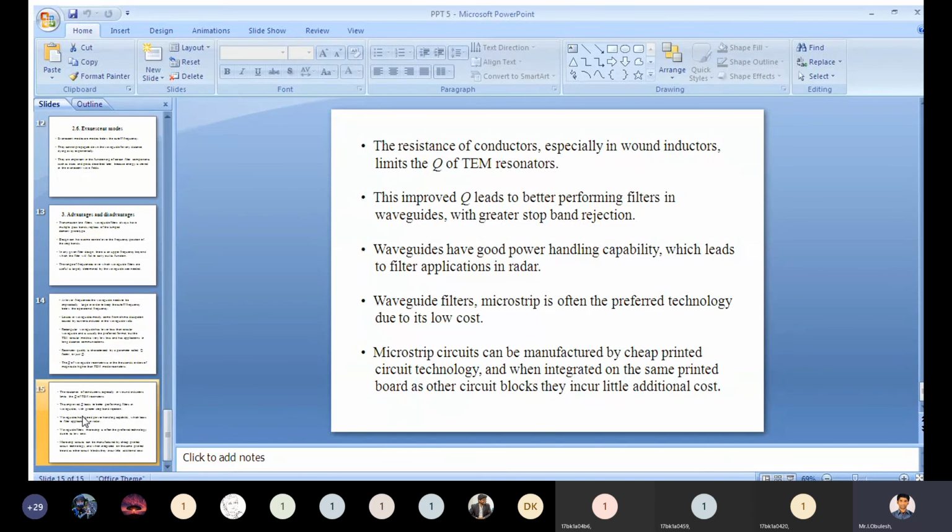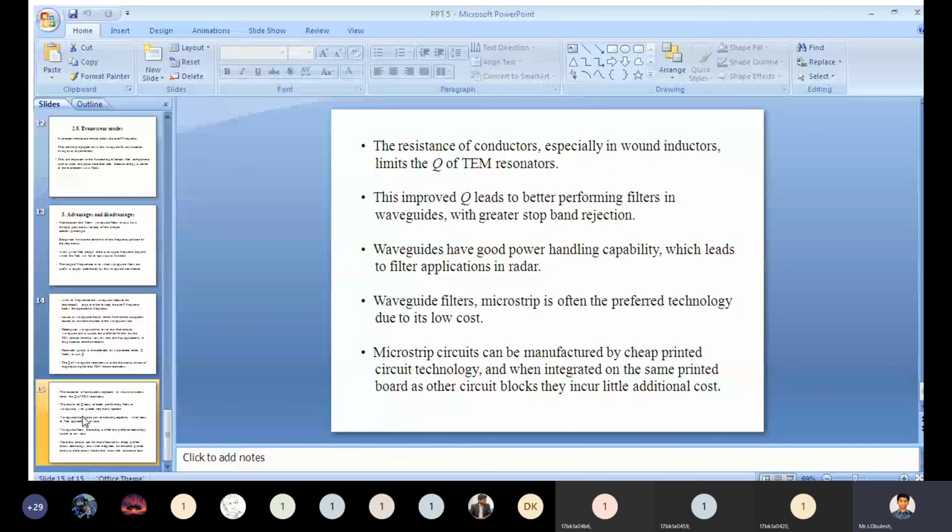Waveguides have good power handling capability, which leads to filter applications in radar. As for the performance or the advantage of waveguide filter, microstrip is often preferred technology due to its low cost.